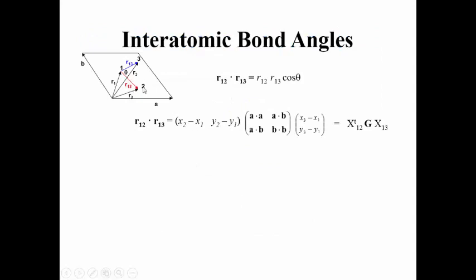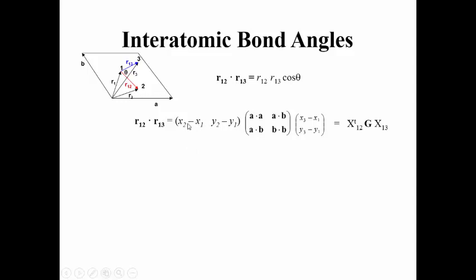We have the dot product of R12 and R13, which is going to be the scalar products times the cosine of the angle between them. So this is the equation in which we're going to work. We need to get the R12 dot R13, and we go through that and we get this formulation here, which gives you the G matrix here, and this is the R12.